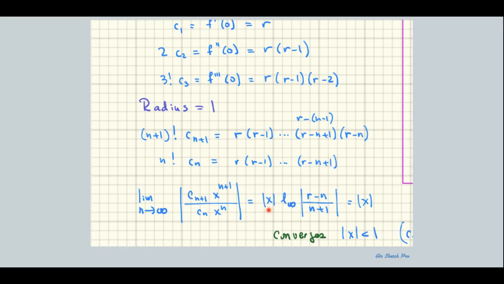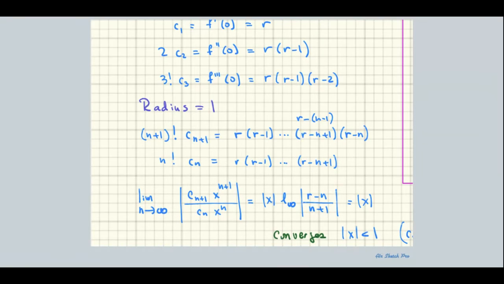Look at the x. That just comes out because we're looking at the limit as n approaches infinity. And what's left? Look at the limit at infinity of r minus n over n plus 1, the absolute value. Well, r is a constant as n goes to infinity. As n goes to infinity, this just looks like negative n over n, or just n over n if I'm looking at the absolute value.